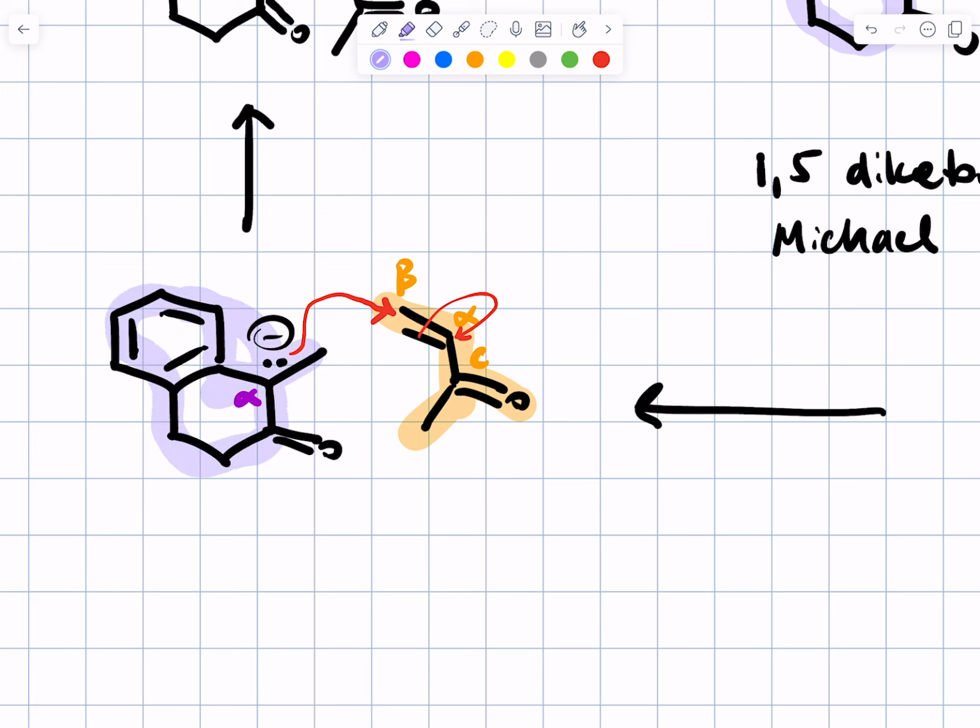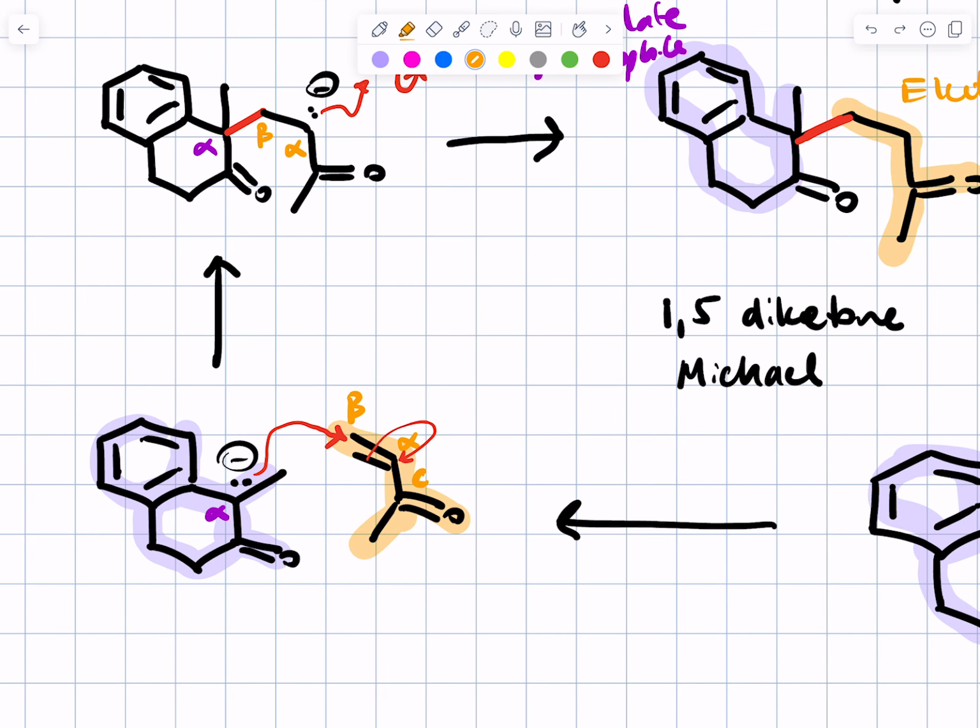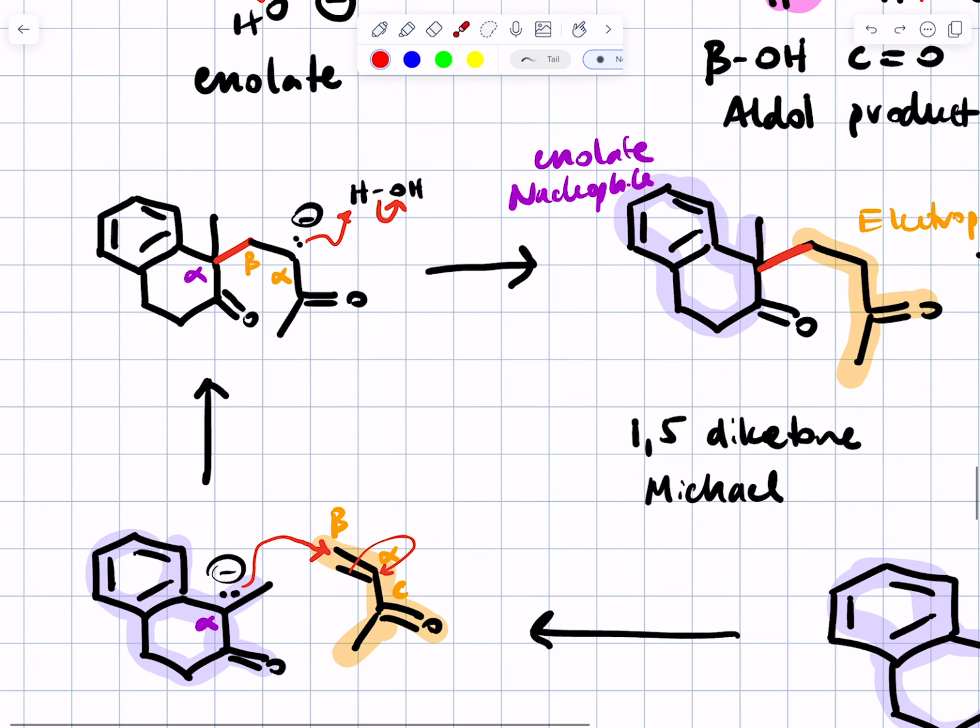Purple alpha carbon attacks orange beta carbon of your alpha-beta unsaturated carbonyl compound electrophile. And the negative charge goes onto the alpha carbon. That generates this product or intermediate, the new bond shown in red.